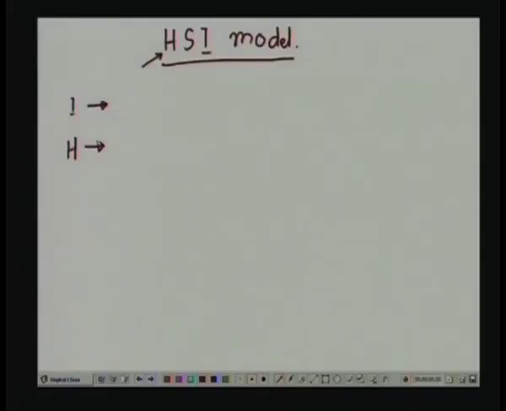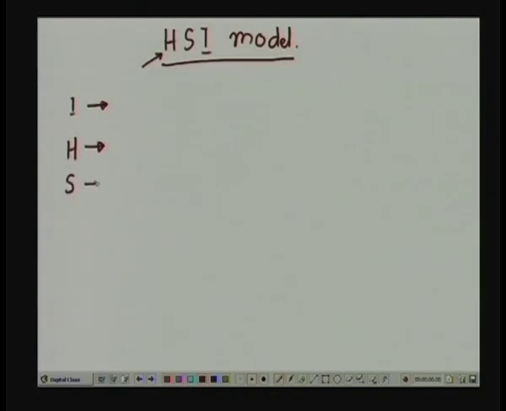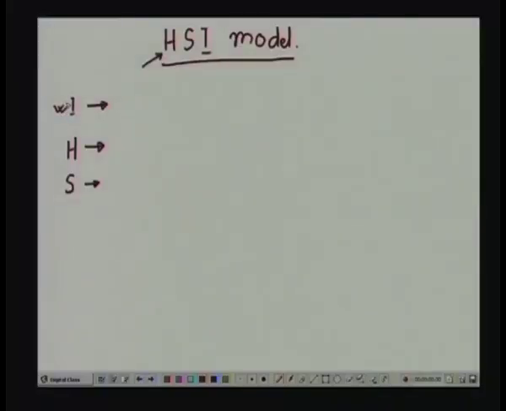So hue tells us the prominent primary or spectrum color in the specified color, saturation indicates how much white light has been added to a pure spectrum color to dilute it, and intensity is the chromatic notion of brightness.